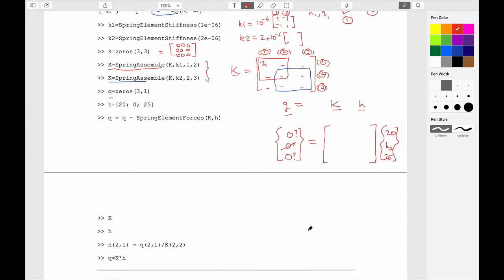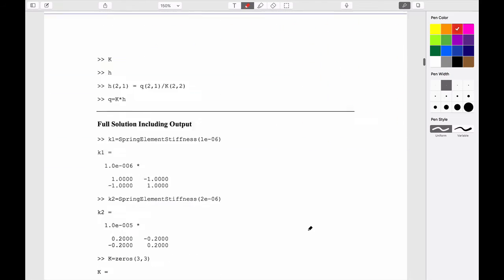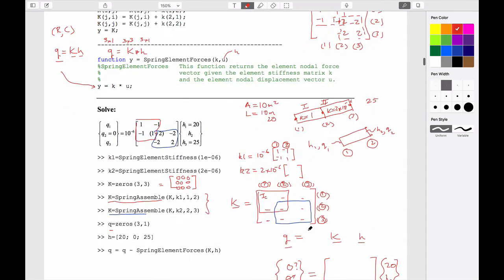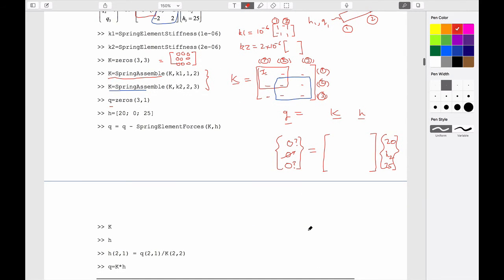So what's this going to do? Actually, I'll explain. Remember what we did last time? We know that we only need to solve for this central equation. We only have one unknown here. And so we're only interested in solving for this central equation. It happens to be that this central equation is H2, but actually we put it in as 0.